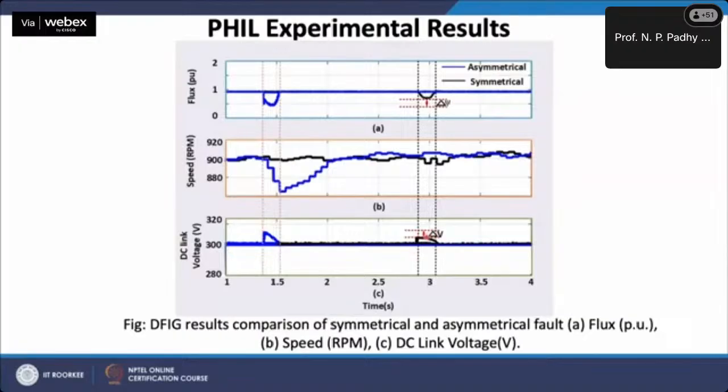In asymmetrical fault, the reason for increased variation in flux during the transient period is due to the presence of negative sequence component of voltage in the stator, which induces relatively higher rotor voltage.